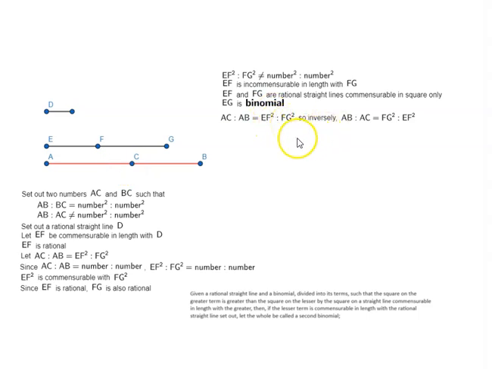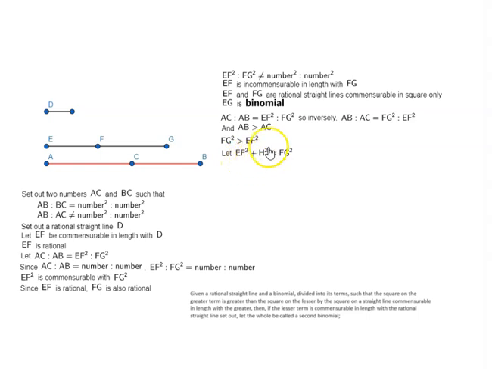So inversely we can say AB is to AC is equal to FG square is to EF square. And AB is greater than AC, naturally, because AB is the sum of AC and CB. So AB is greater than AC, which means, again, because of this proportionality, FG square is greater than EF square.